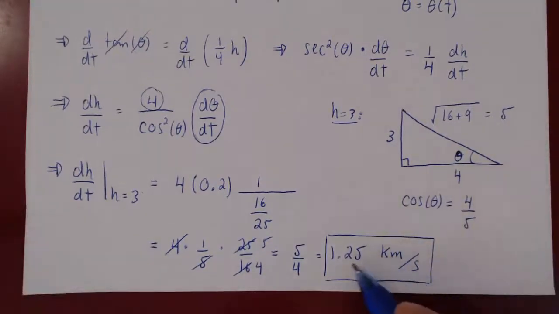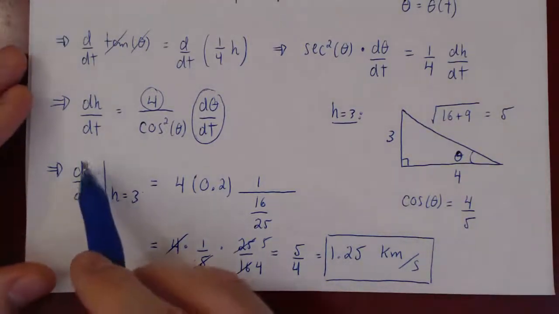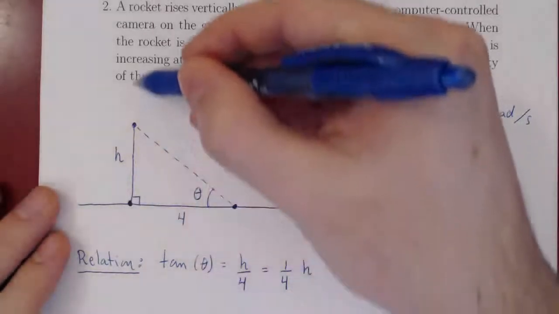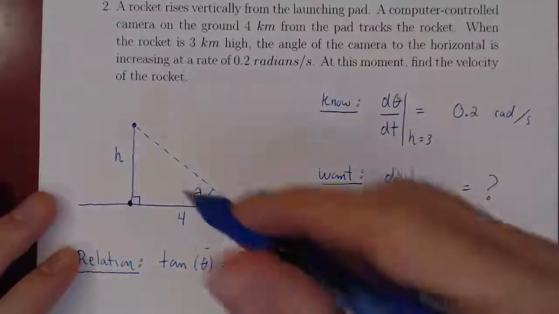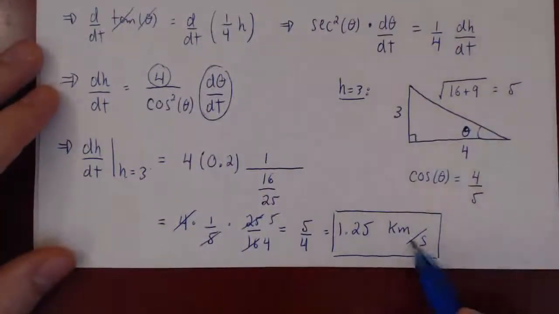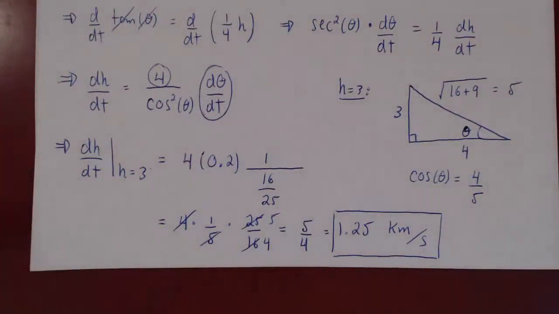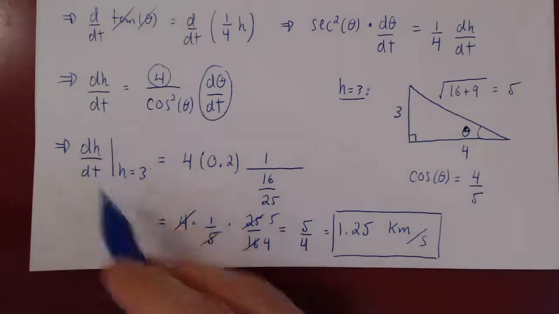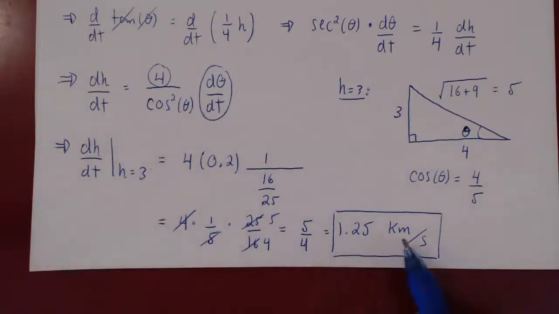And you see, once again, we have a positive rate of change, which makes sense, right? Because that's the rate of change of the height of the rocket. And as time goes on, the height is increasing. And when you have a variable that's increasing, it must have a positive rate of change. And so our conclusion is, when the rocket reaches a height of 3 kilometers, its rate of change, its velocity is 1.25 kilometers per second. So there you have it.